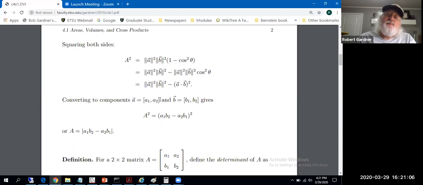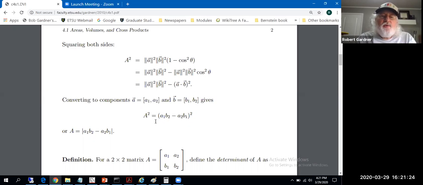We don't have the square roots because of the squarings on those norms. A dot B squared would be A1 times B1 plus A2 times B2, quantity squared. You follow your nose on the arithmetic, and that will simplify down to the following.